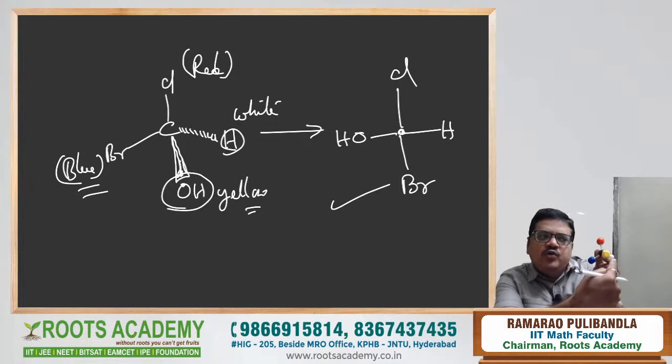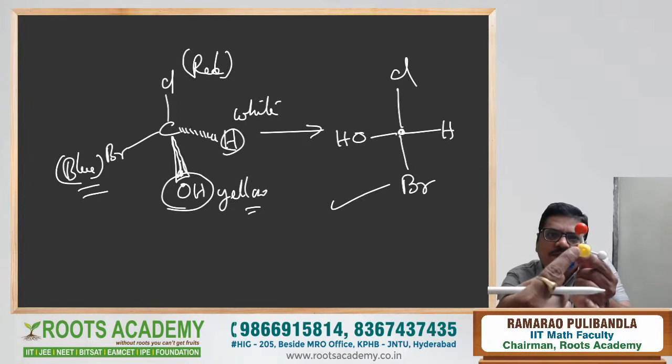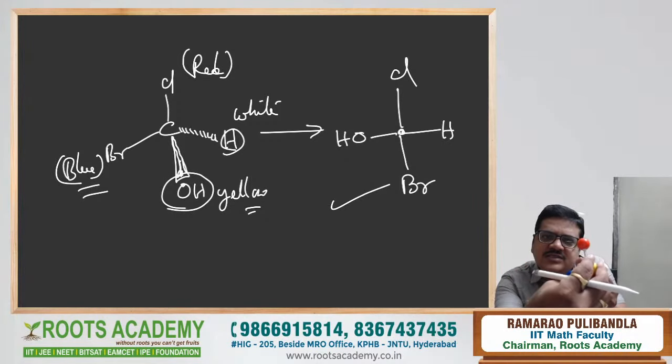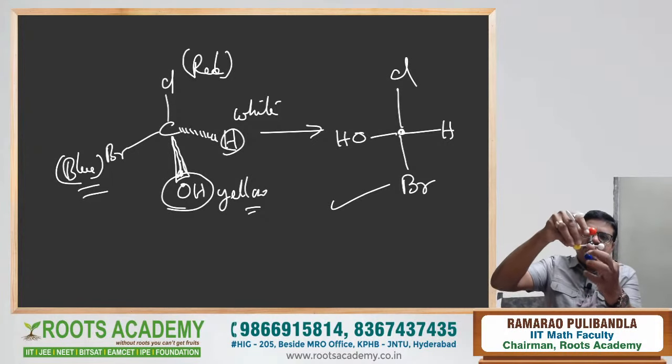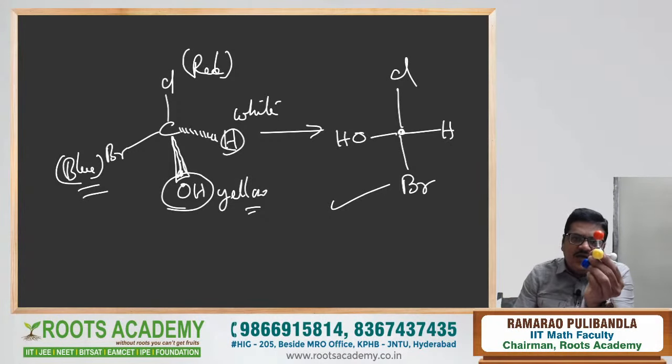Who is observing you? OH is observing you. You hold this. You turn like this. Then you keep everything like this. This is called Fischer projection formula. Conversion of 3D into 2D.